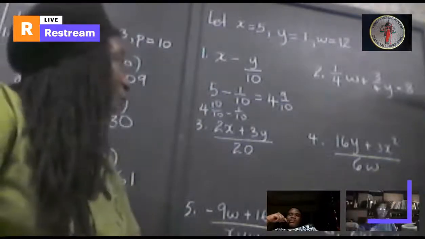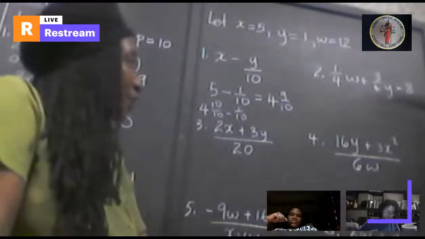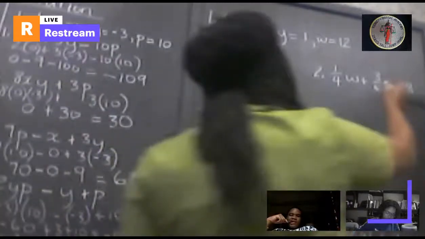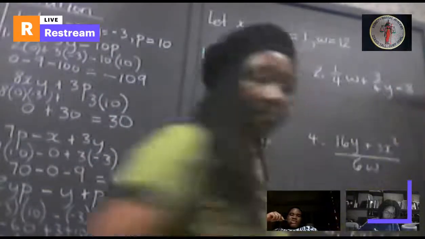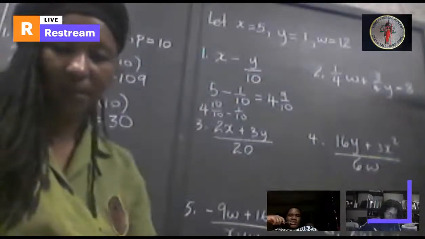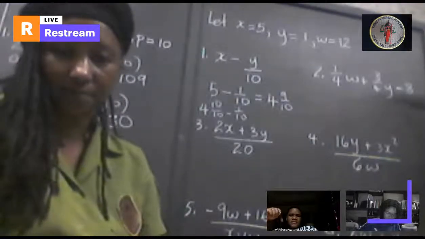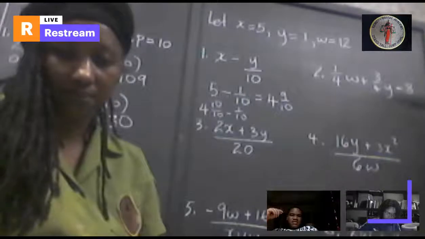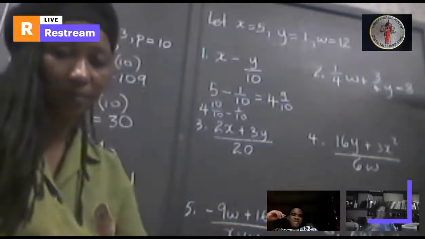Number 2, a quarter w plus 3/4 y. Yes, Alexander. So instead of using the LCM method, you're going to do it that way.